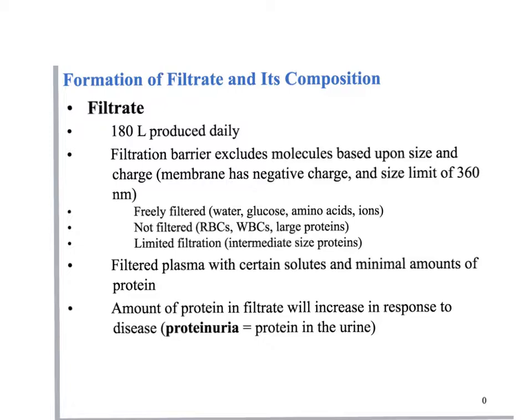Okay? So as blood flows through these glomeruli, filtrate is formed. Roughly up to 180 liters of filtrate is produced per day. Okay? How much do you think you urinate in a day? Do you think you urinate 180 liters?